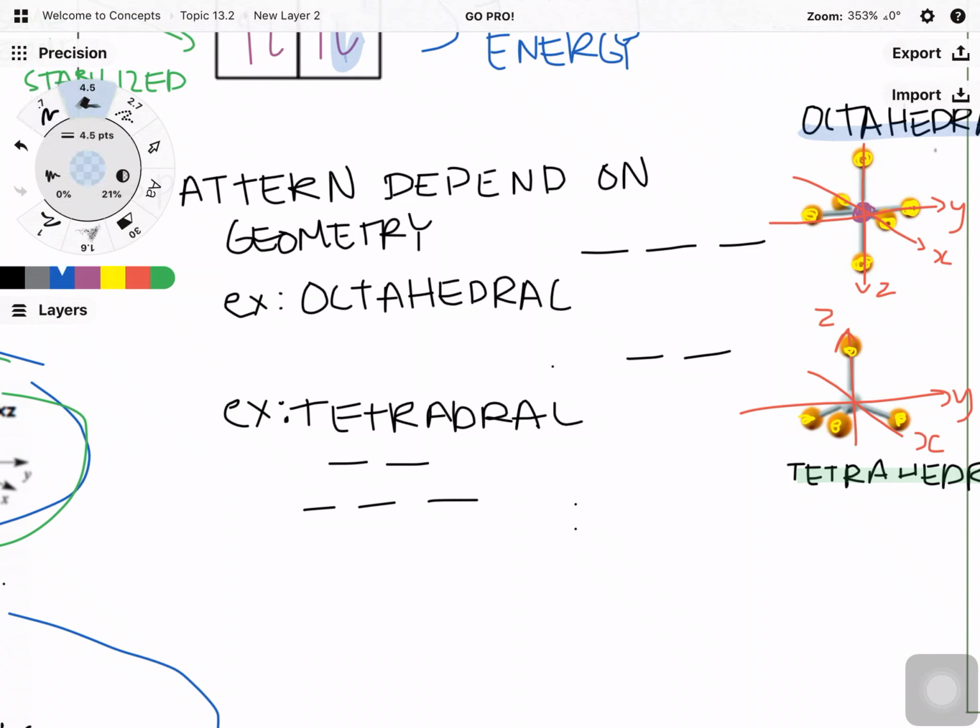Now I specifically drew these distances on purpose. The distance between split d orbitals in octahedral is quite a lot larger than the distance between split orbitals in tetrahedral.